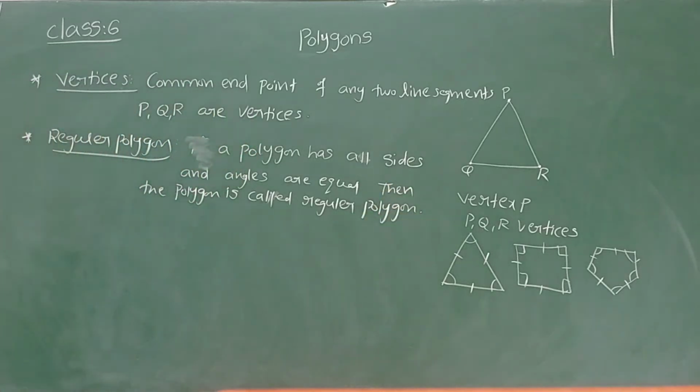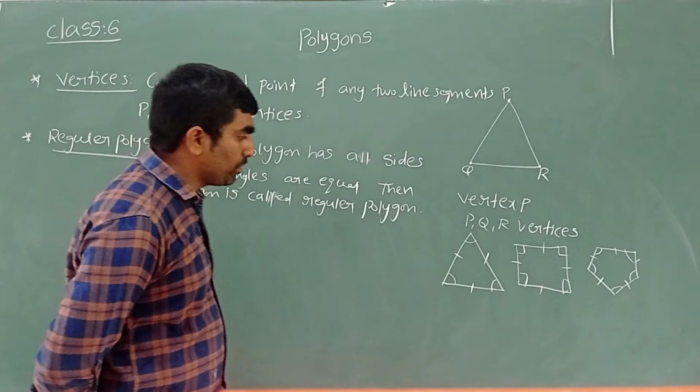All the sides are equal, all the angles are equal. They are called regular polygons.